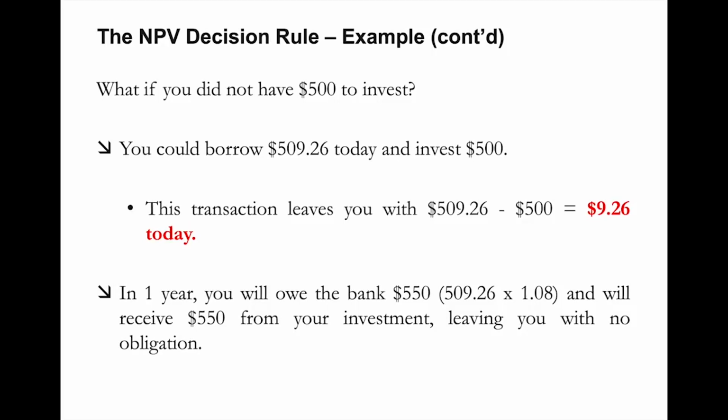And in 1 year, you're going to owe the bank $550. So that $550 is calculated as the $509.26 that we borrowed multiplied by 1.08, or 1 plus our interest rate.